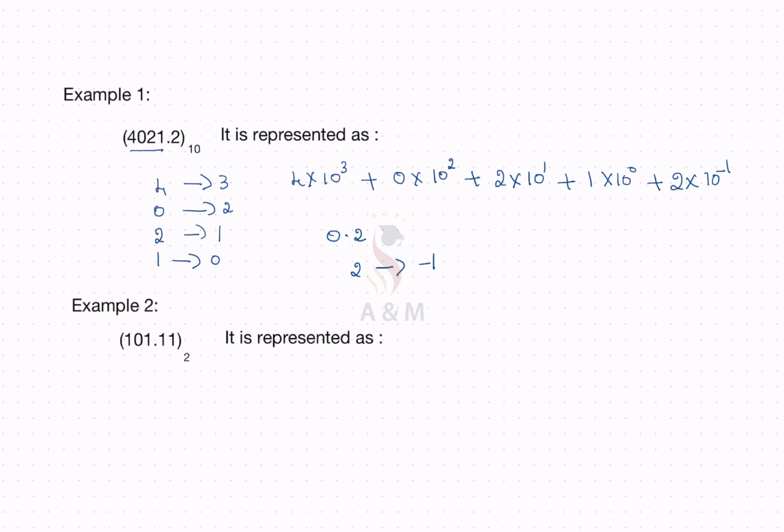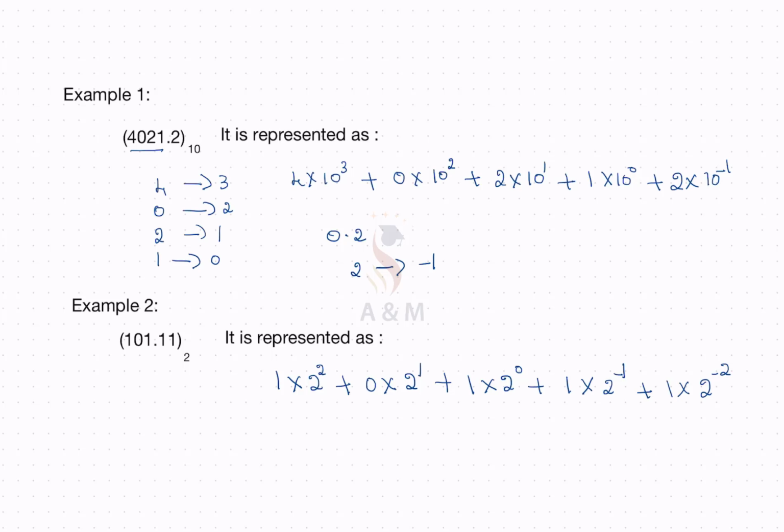Example 2. 101.11 to the base 2. It is represented as 1 into 2 to the power 2 plus 0 into 2 to the power 1 plus 1 into 2 to the power 0 plus 1 into 2 to the power minus 1 plus 1 into 2 to the power minus 2.